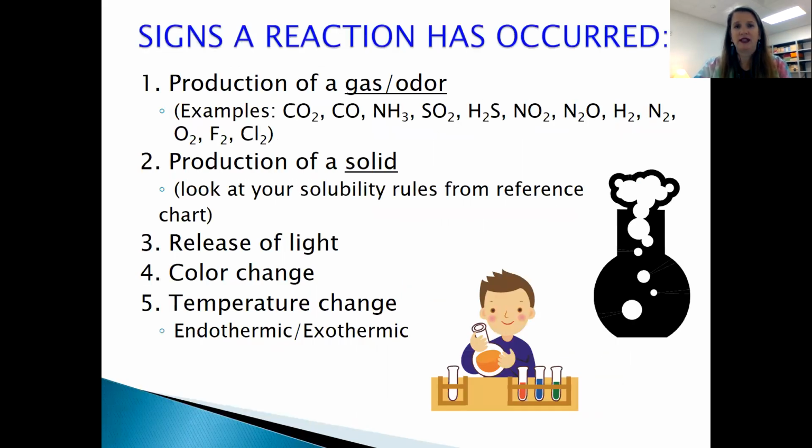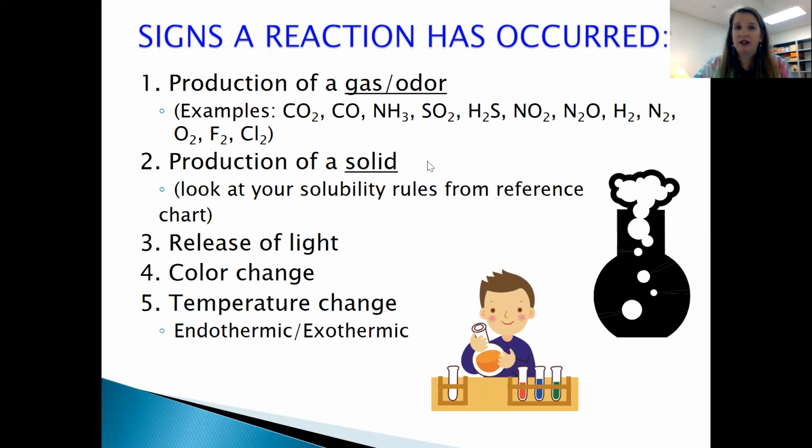So we talked about these signs of a chemical reaction occurring as we were looking at those different demonstrations. If you need to jot these down again on the top of page 4, feel free. Remember, any time a gas or odor is being produced, that would be a sign of a chemical reaction.